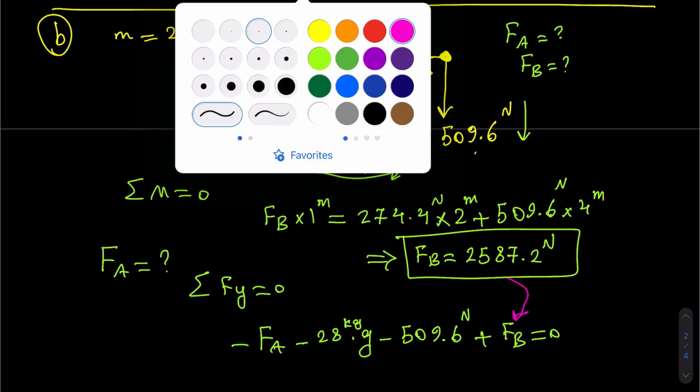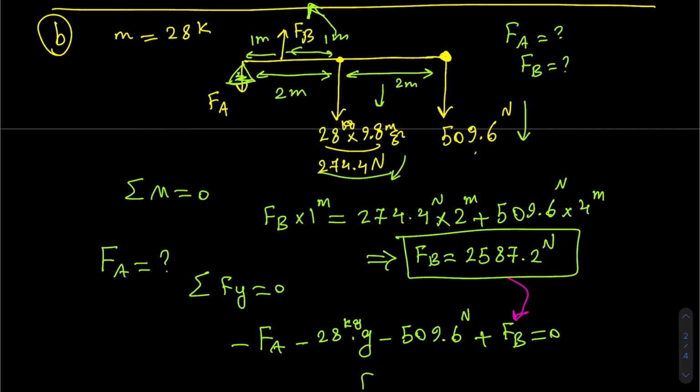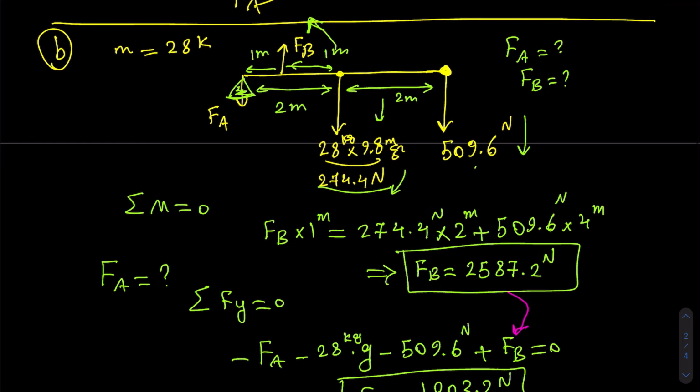So then we will get FA is equal to 1803.2 newtons. You may say that, okay, that's the answer.